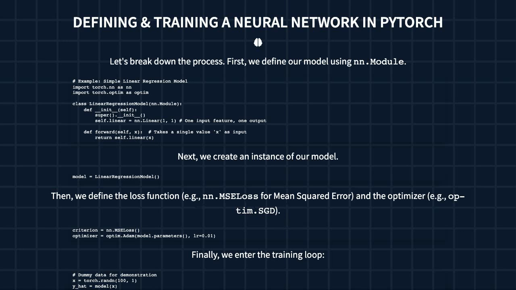Next, we define the forward function, which will take input data and return predicted output. We then set up our loss function to measure how well our model is performing, and an optimizer to adjust the weights and biases within the model based on that loss. Think of it as a cycle. Feed data into the model, see how wrong it is, tweak its internal settings to be less wrong, and repeat.